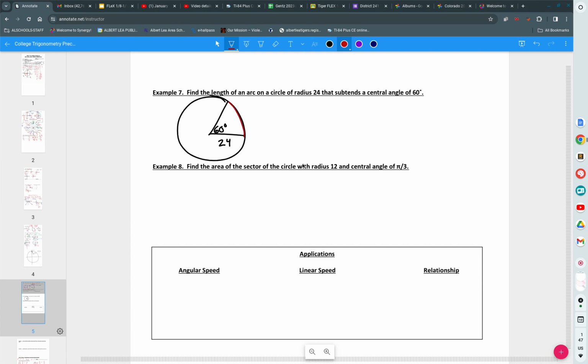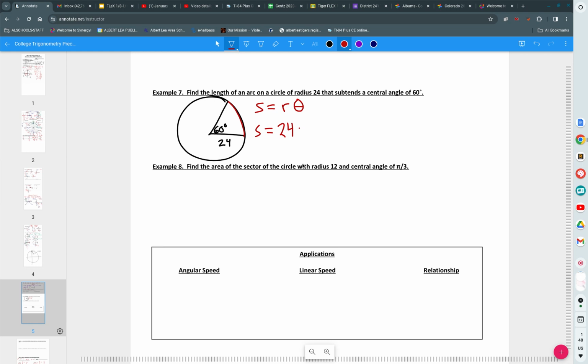So we're just looking for the red distance. And the red distance is arc length. So s is r theta. What is the radius in this problem? 24. And what is the angle? 60 if we're working in degrees.